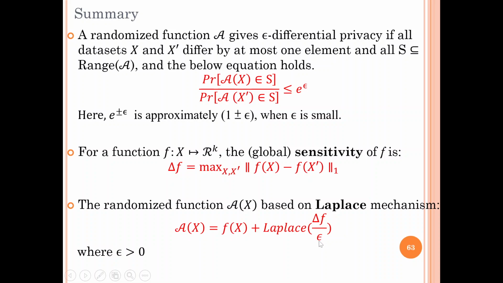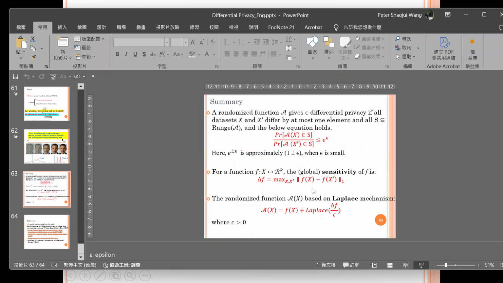The epsilon you can control, to be bigger or smaller, and f of x is your original function, like your machine learning algorithm. So the only critical key factor you should define is delta f, the sensitivity, the basic unit for the two neighbors.